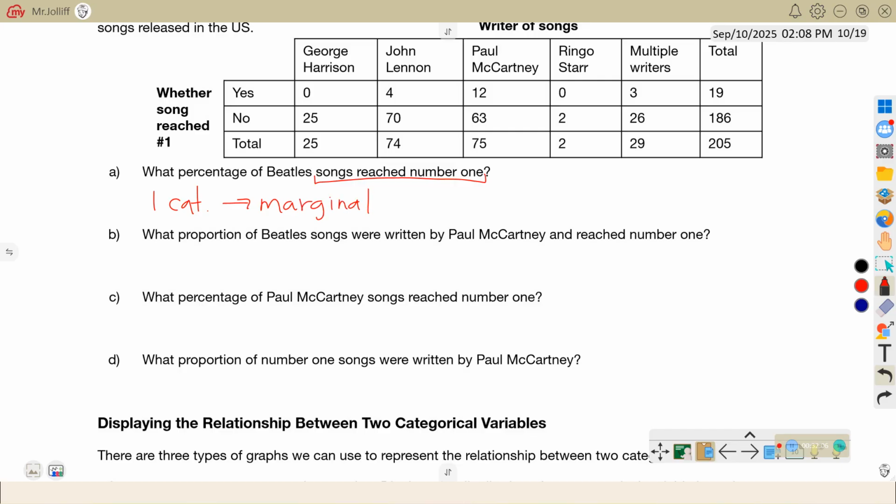I'm going to go up to the table and figure out where the data values I want for this marginal relative frequency lie. It says songs that reach number one. That's my yes row, so I want the yes total, which is 19. So for this one, I'm going to do 19 out of, and how many total songs did we sample? Perfect, 205. So 19 number ones out of 205 total songs, and they said they want a percentage answer.